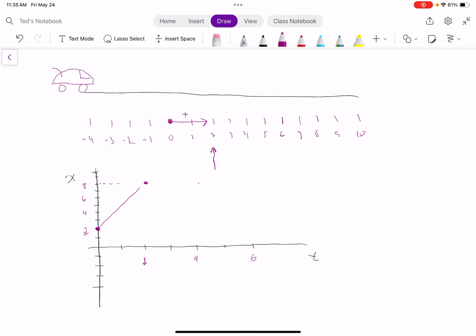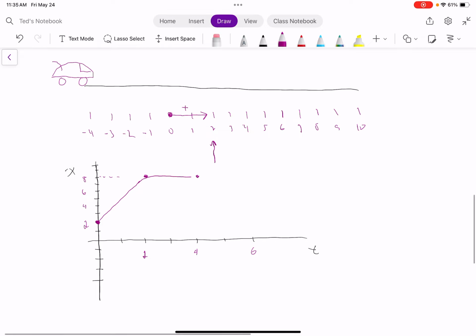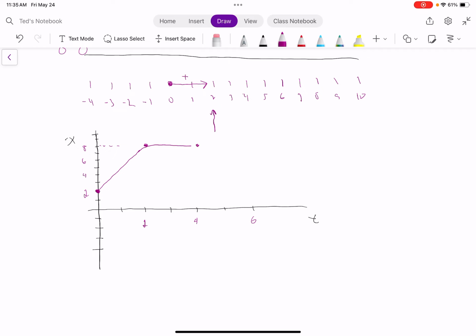Now for the next 2 seconds, it stayed still at 8 meters. So by the time we get to 4 seconds, it was still at 8 meters. So that means it had to slow down and stop and stay there at 8 meters. And then during the next 2 seconds, it went backwards from +8 all the way back to -4 meters.